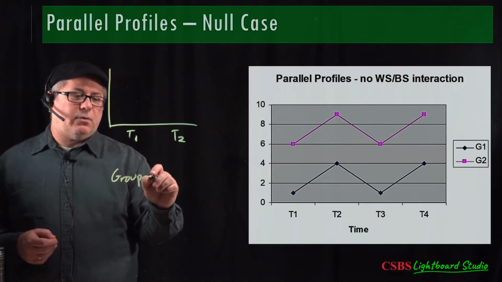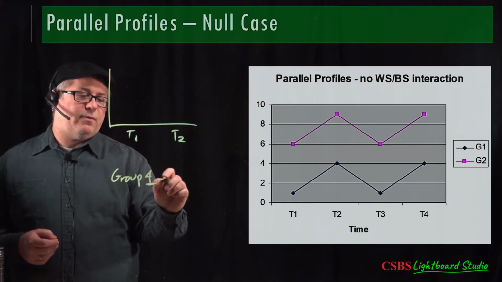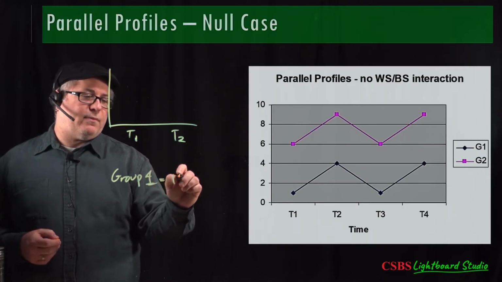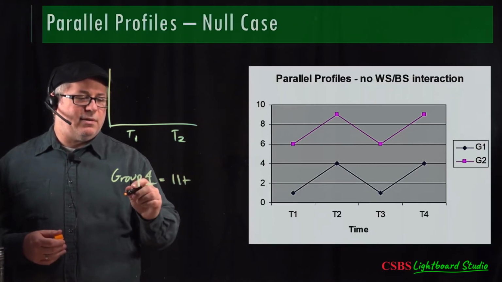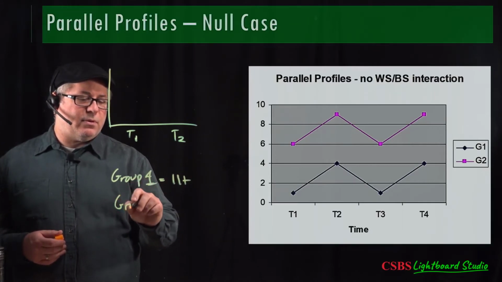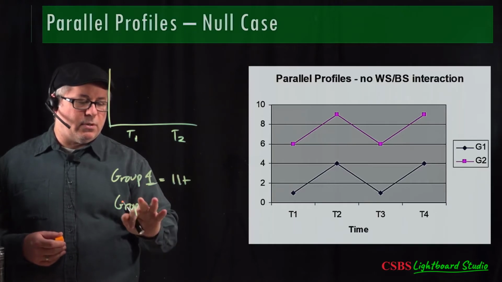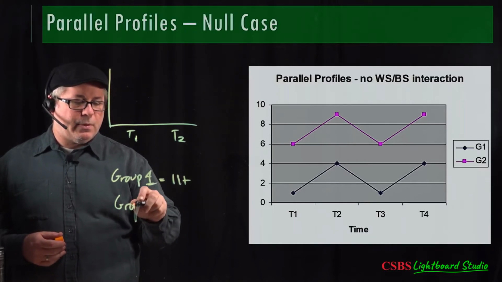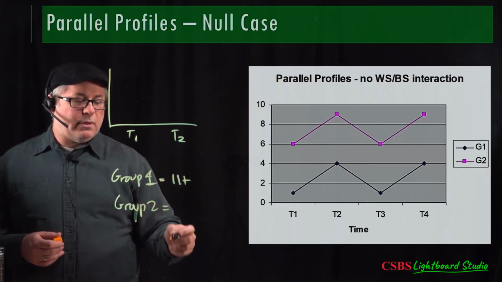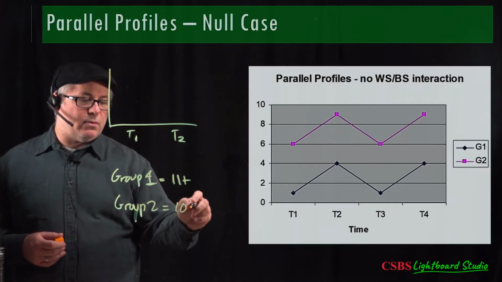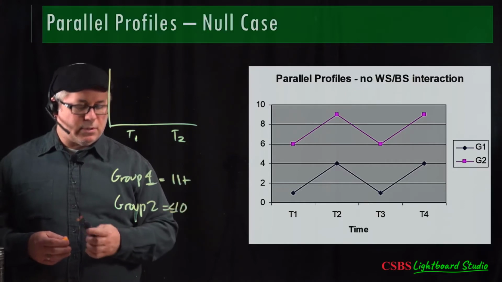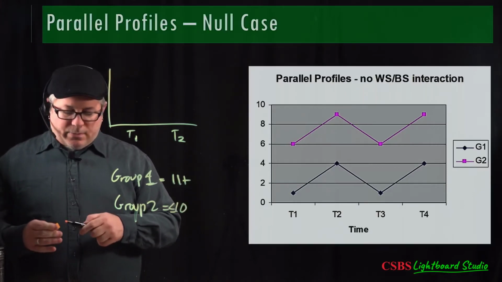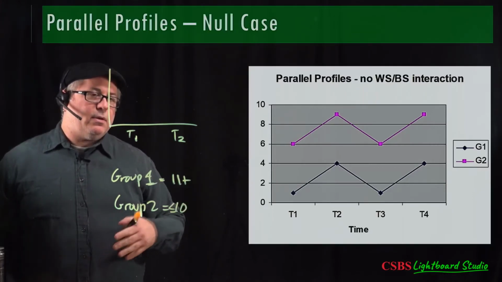So I think group 1 is that they have to have like 11 or more attendance, and group 2 is 10 or less, or something like that. So the idea being that it's about the same amount of time.